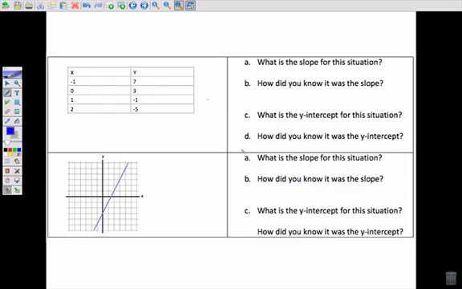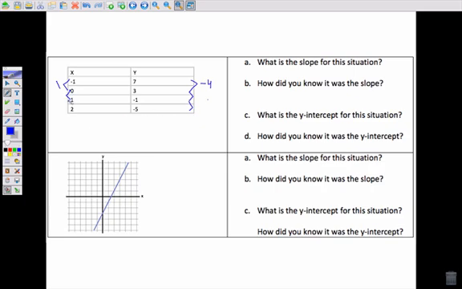Here was the next part of this learning target. What is the slope for this situation from this table? And we can tell that by just looking at the changes in y and x. So from this row of the table to the second row, y goes down by 4, and x increases by 1.